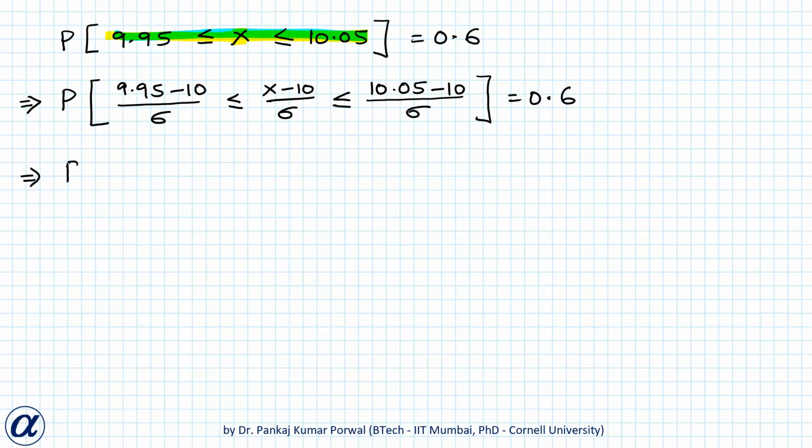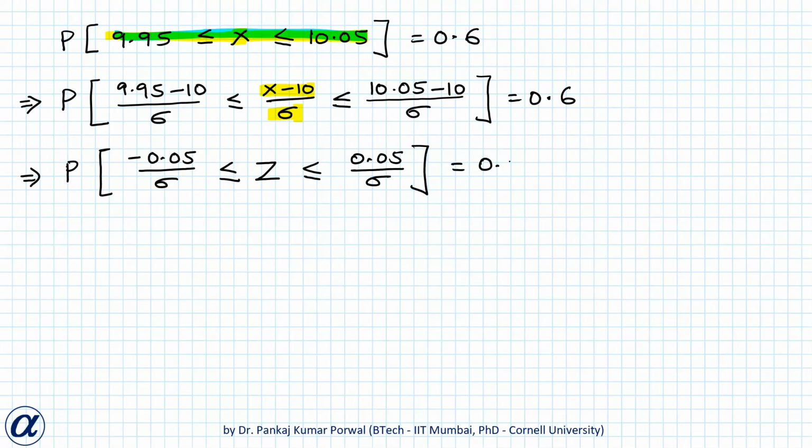This implies the probability of minus 0.05 divided by sigma less than or equal to, now this X minus 10 upon sigma becomes a standard normal random variable, I can denote that by capital Z, less than or equal to 0.05 divided by sigma. This is equal to 0.6.